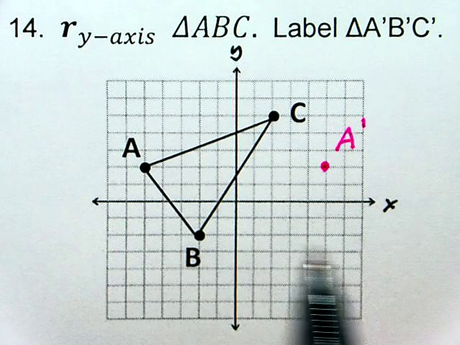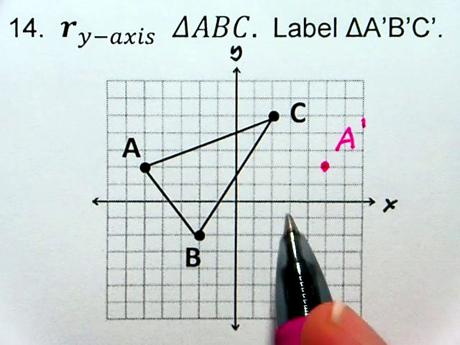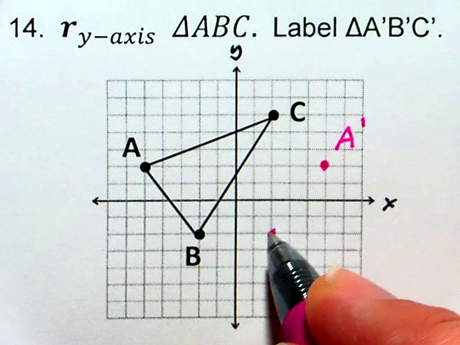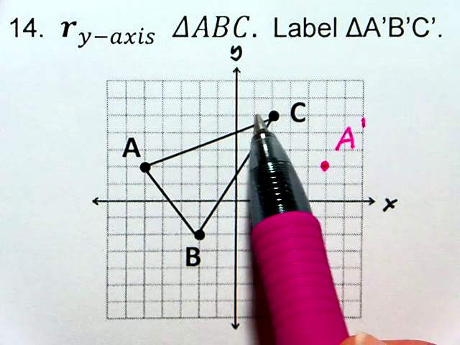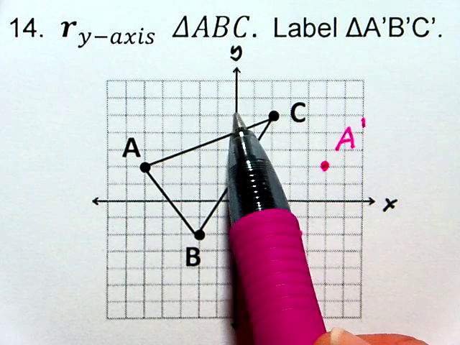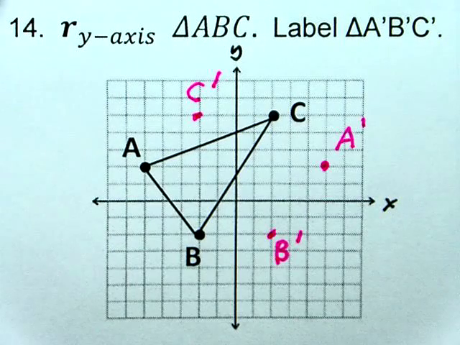Now, let's do B. B is on this horizontal line. It is 2 units to the left of the y-axis, so B prime, the reflection, has to be 2 units to the right of the y-axis. And C is 2 units to the right of the y-axis, so its reflection has got to be 2 units to the left of the y-axis, again on the same horizontal line.